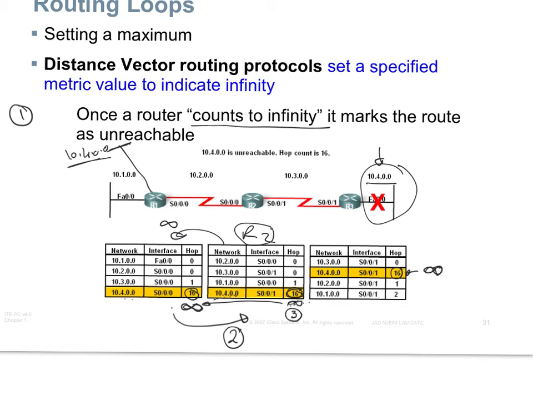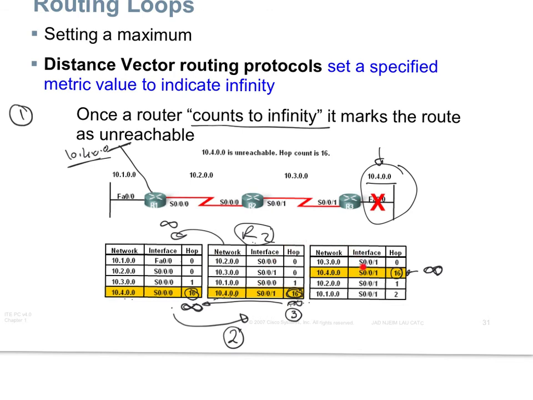This is a very interesting situation now, right? In fact, this router 2, at the time of the periodic update, will send the route entries to router 3.